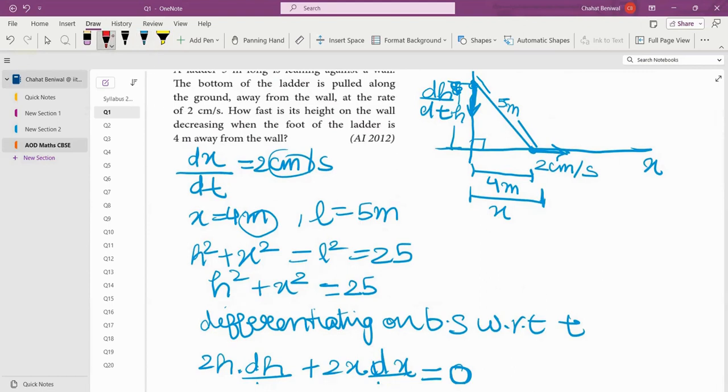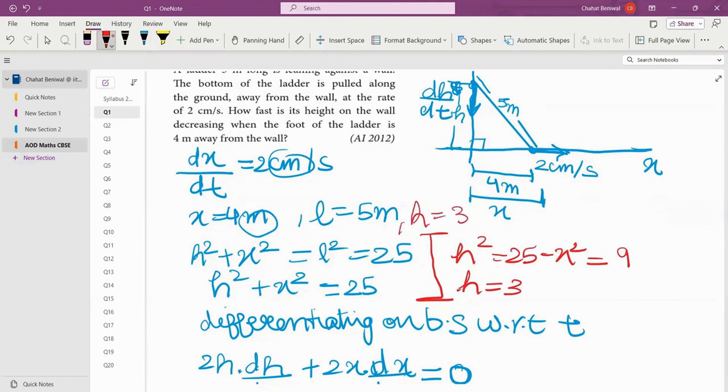Sometimes they're not going to give you complete information; you need to apply some common sense. h square is 25 minus x square, which is 25 minus 16, that is 9. Then h is root of 9, which is 3. It was not given, but we used our common sense.